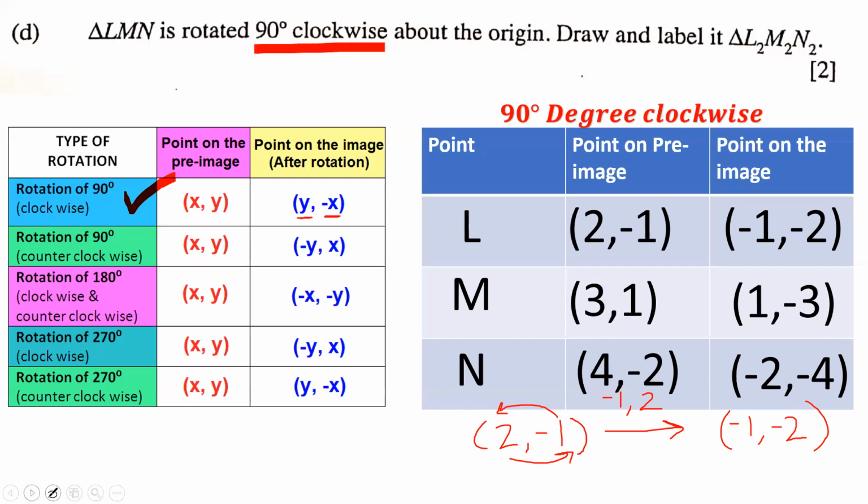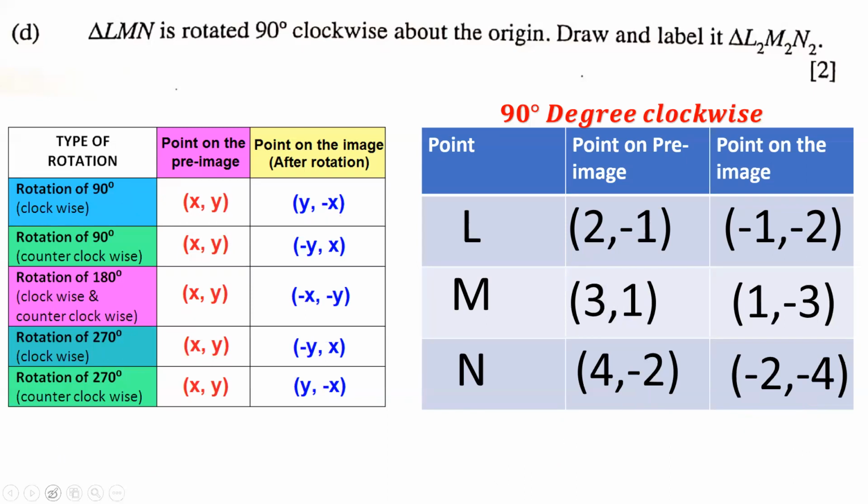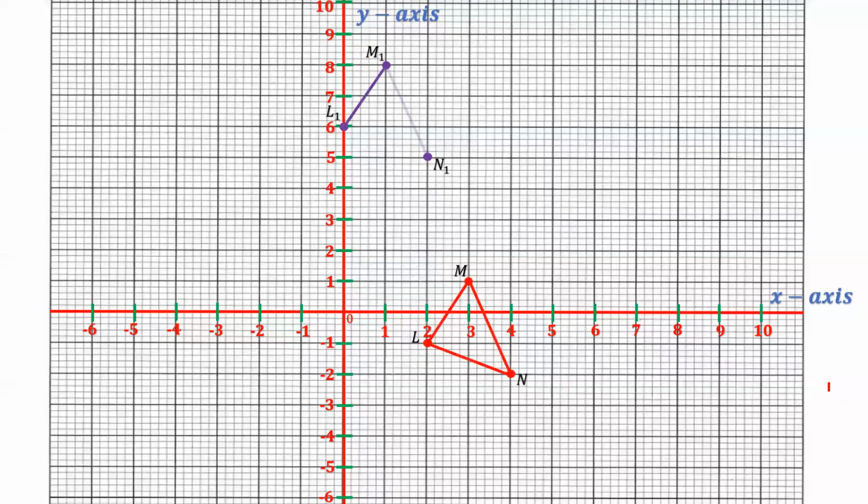And so what that means is the coordinates for L2, M2, and N2 are the following. It's going to be -1, -2. It's going to be 1 and -3, and it's going to be -2 and -4. So let's do that.